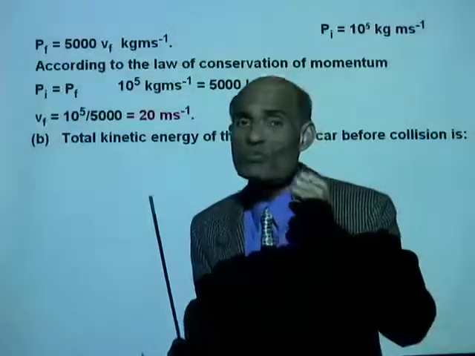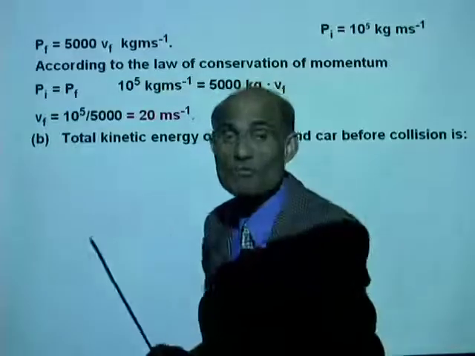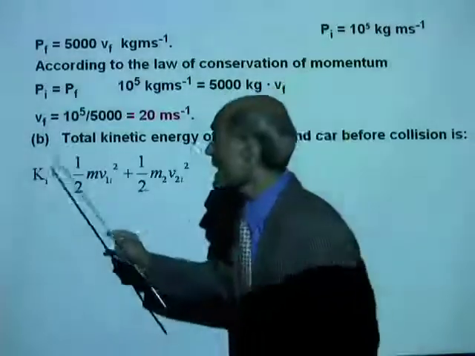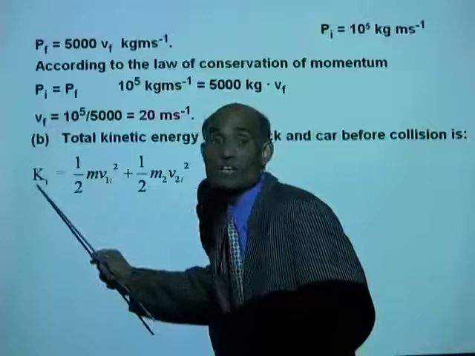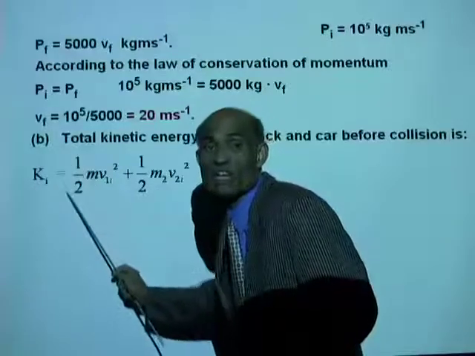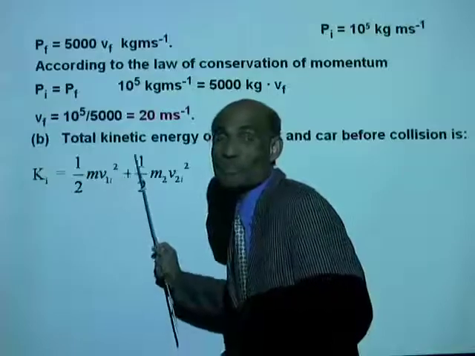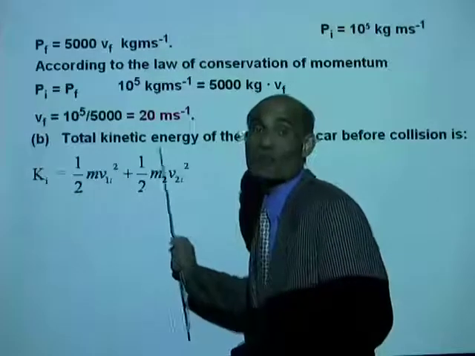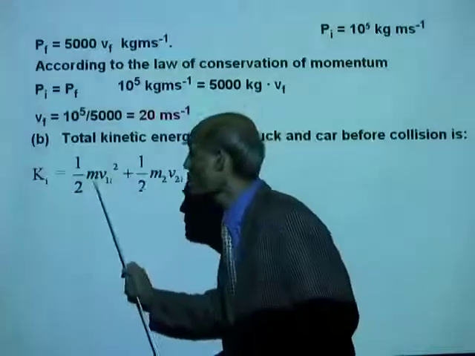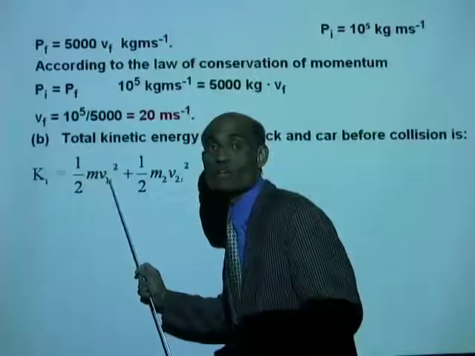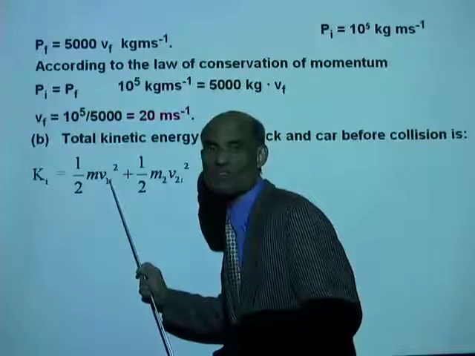Kinetic energy is 1/2 mv squared. So Ki, the initial kinetic energy, is the initial kinetic energy of the truck plus the initial kinetic energy of the car. Well, we know the mass of the truck, we know the initial velocity of the truck.